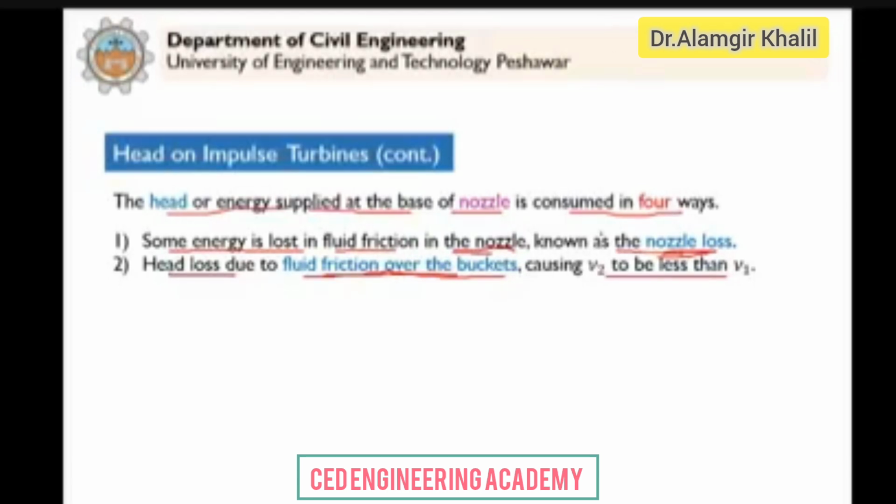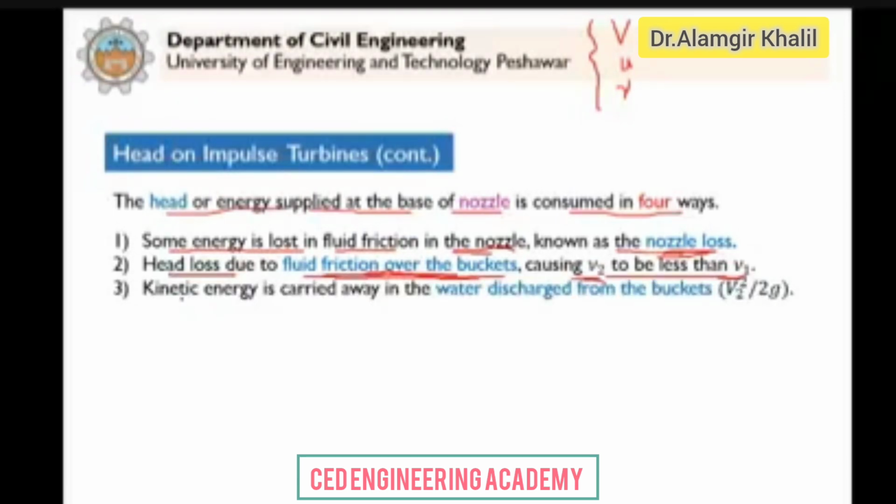The same concept we will use here: the absolute velocity of the jet, the velocity u of the vane or blade, and the relative velocity between these two. So the relative velocity at outlet will be less than the relative velocity at inlet, due to the friction over the buckets.